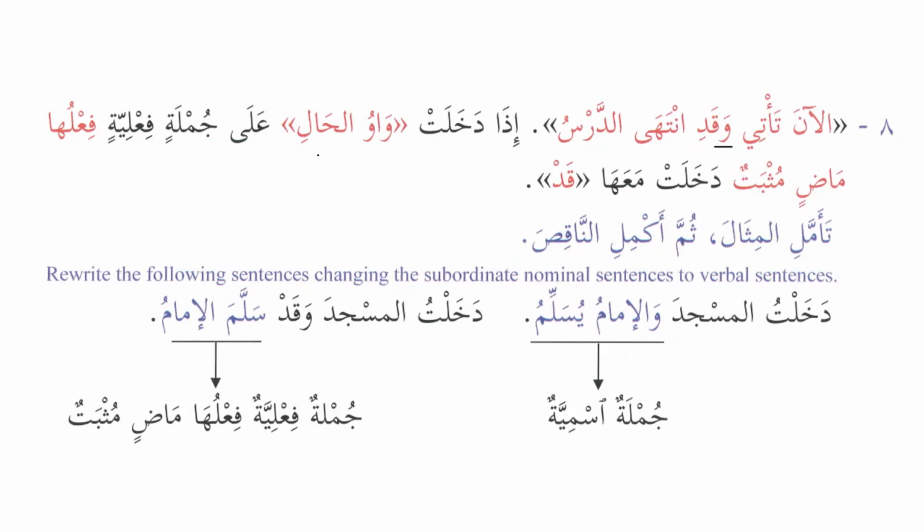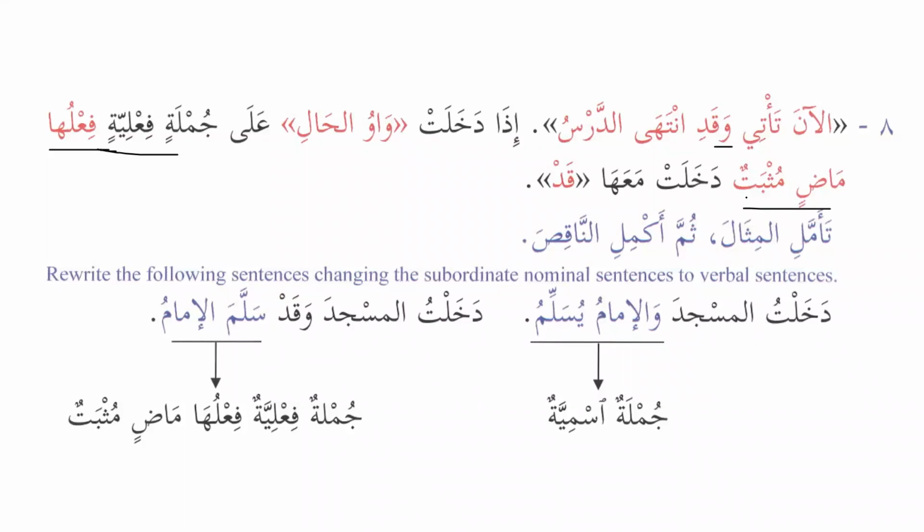إذا دخلت واو الحال على جملة فعلية فعلها ماض مثبت دخلت معها قد. So whenever واو الحال comes with a verbal sentence, فعلها ماض مثبت, its verb is affirmative and past. So two conditions: it should be past and it should be positive or affirmative.